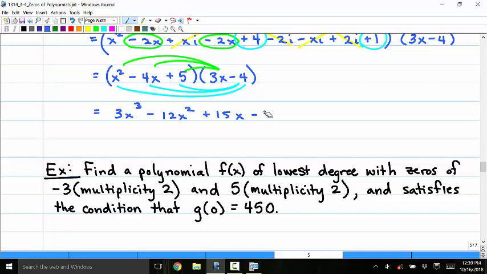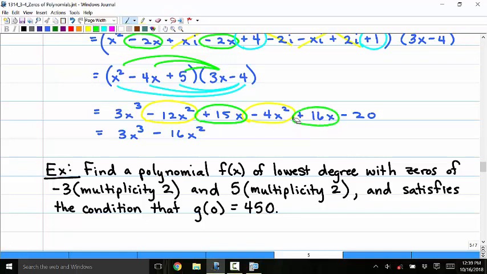And I get minus 4x squared plus 16x minus 20. What's my answer? 3x cubed minus 16x squared plus 31x, good, minus 20.